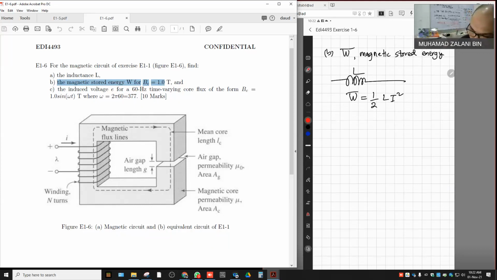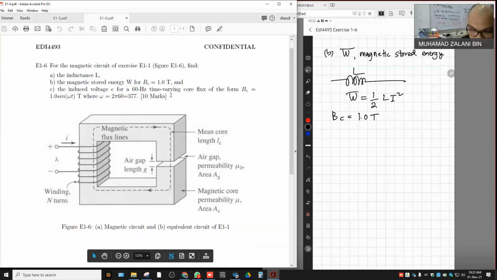Given BC, this is just to make sure you all memorize the equation. This is inductance, but actually we are talking about this core with air gap. Let's list down all the values given. BC is 1.0 Tesla, the magnetic flux density of the core.